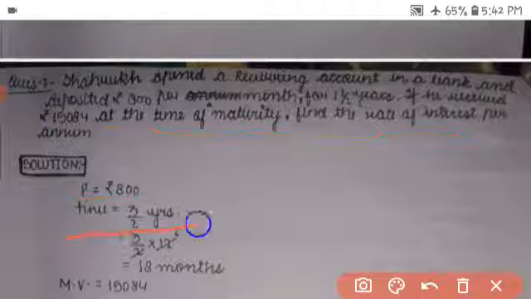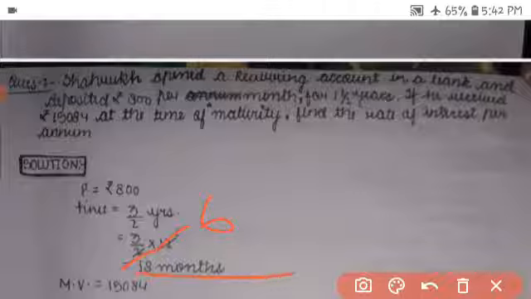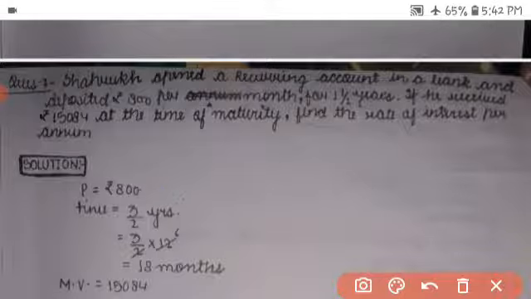Time is 3 by 2 years. Now convert to months, 2 sixes are 12, 6 threes are 18 months. Time is equal to 18 months. Principal is equal to 800. Maturity value is 15,084.